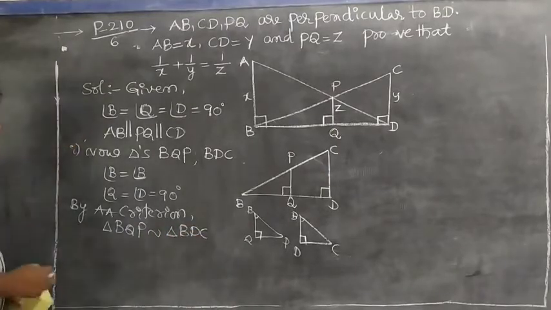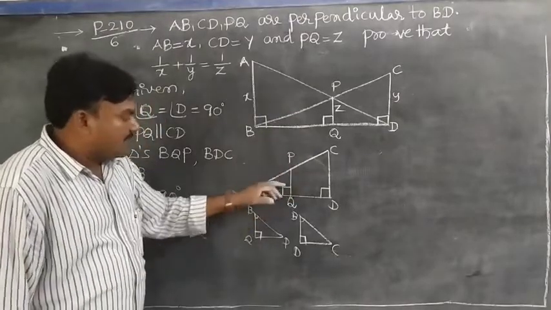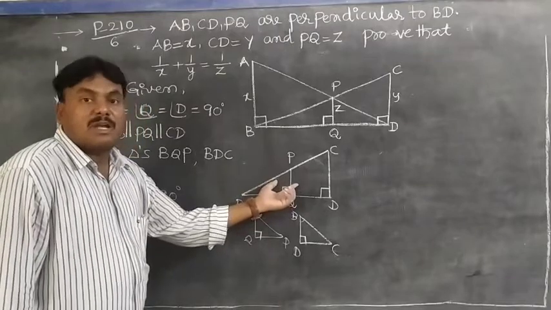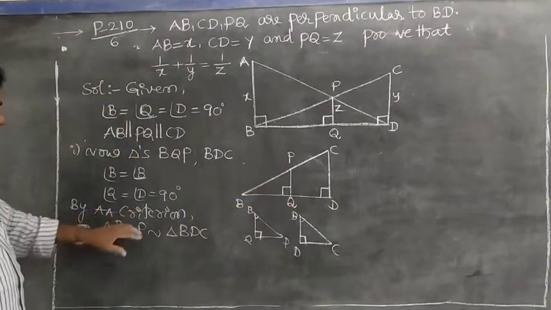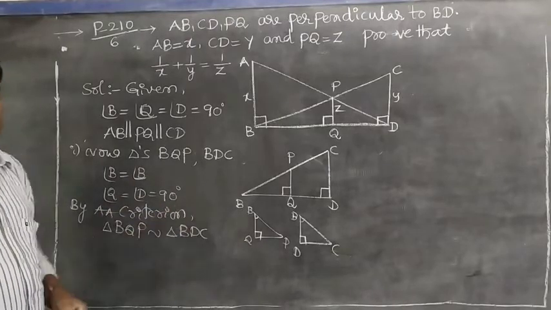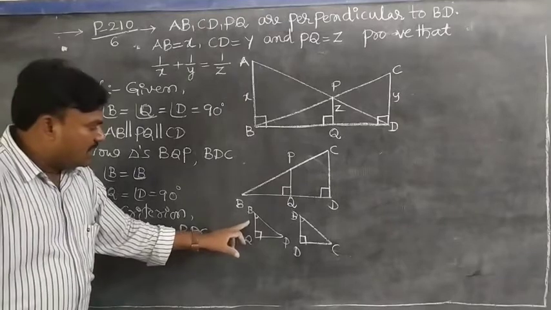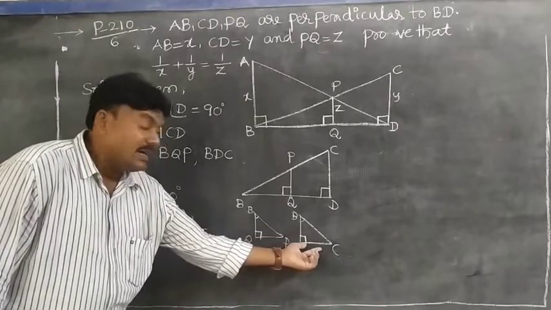So observe students, first we take the triangles separately. If both triangles are included in the figure, first check whether they are similar or not. After that, we apply the condition. Here, by using the AA criterion, both are similar to each other. Next, BQ by BD equals PQ by CD. Why?